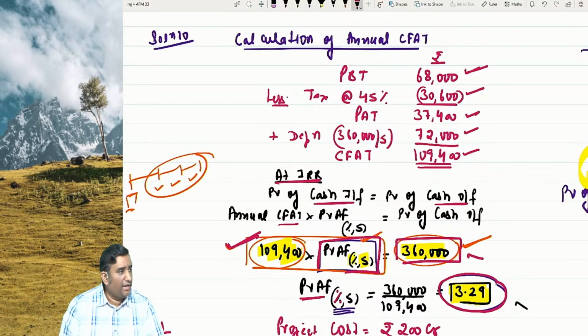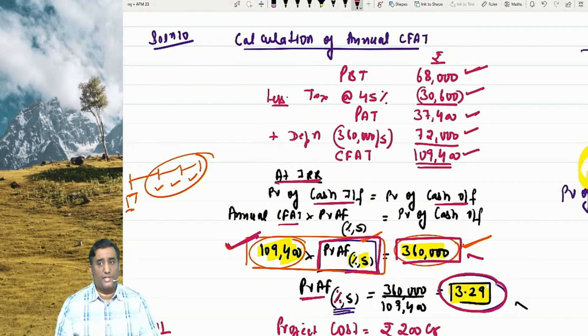It means I need to find such a rate that if I discount for 5 years, the sum of the factors should be equal to 3.29. Or I can say 3.29 is nothing but the annuity of the IRR for 5 years.